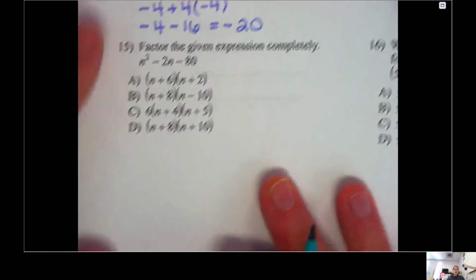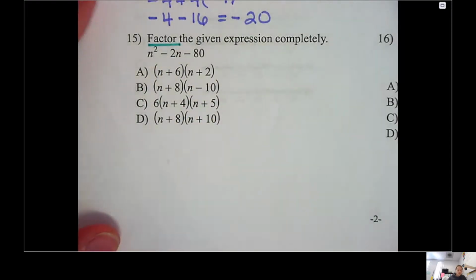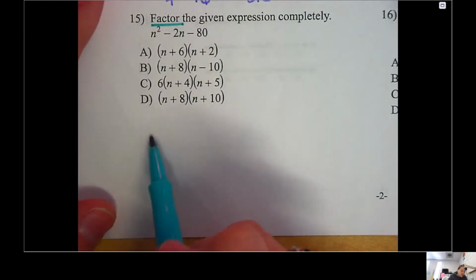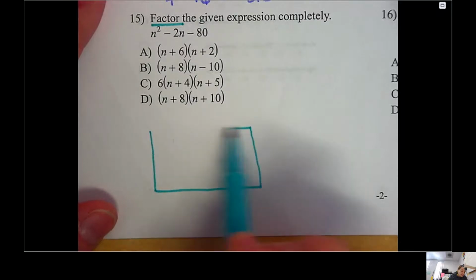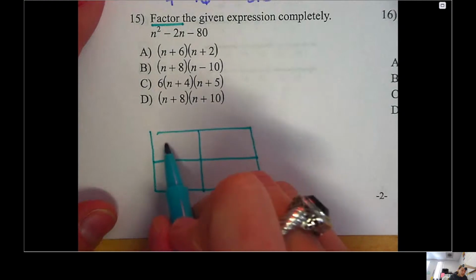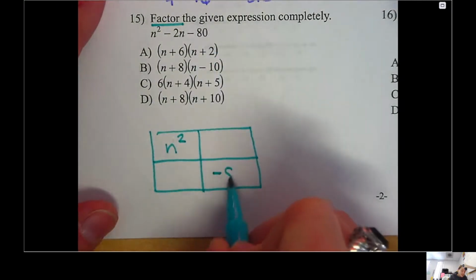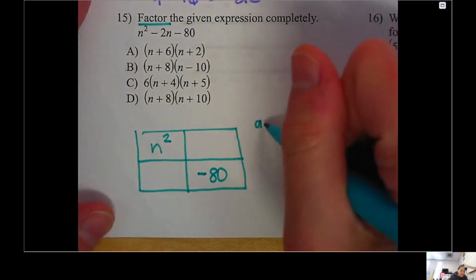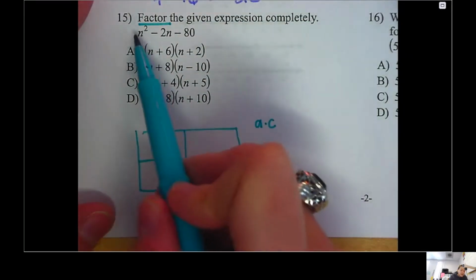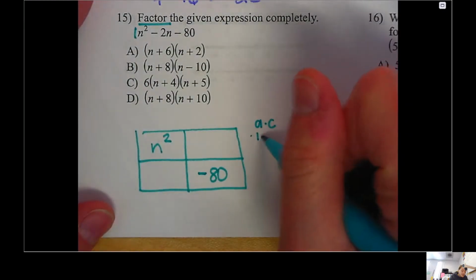Okay. Number 15. Factor the given expression completely. So anytime you see factor or find the solutions, that means it's time to draw a box. Okay, first one is my first term n squared, last one is my last term, -80. I need to come up with two numbers that multiply to be my a value, which is 1 times c. So 1 times -80 gives me negative 80.